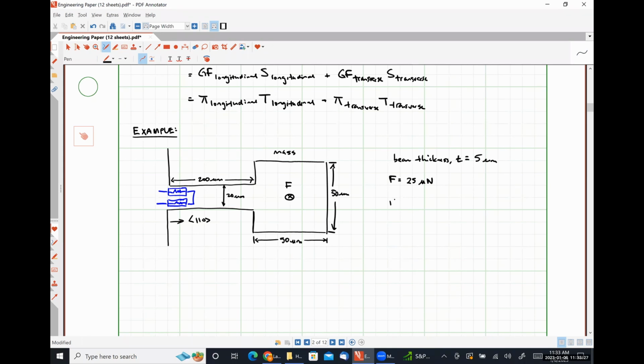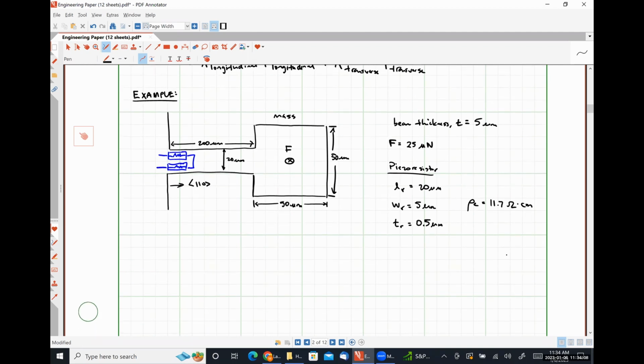The dimensions of my piezo resistor: I'm going to have a length of 20 microns, a width of 5 microns, a thickness of 0.5 micron, and my resistivity is going to be 11.7 ohms per centimeter.